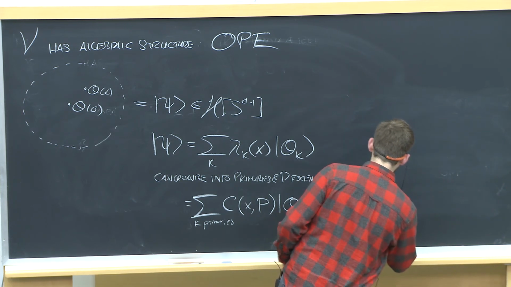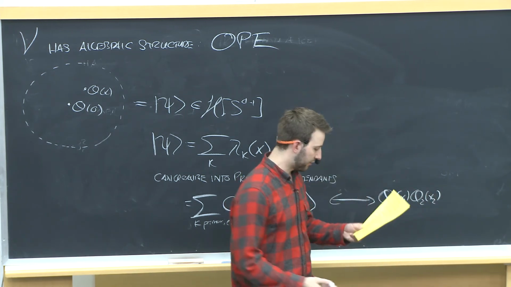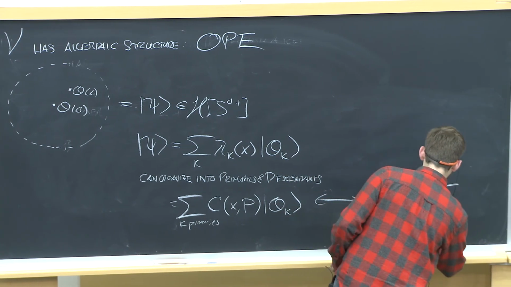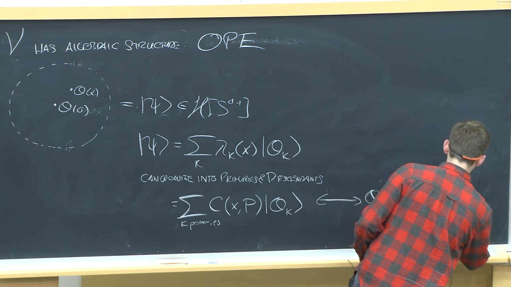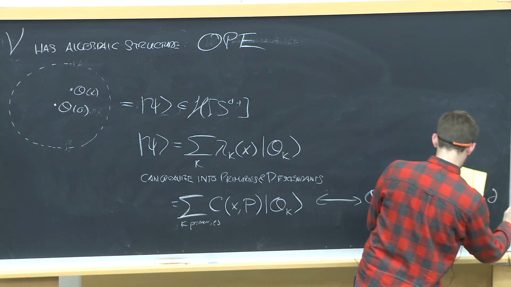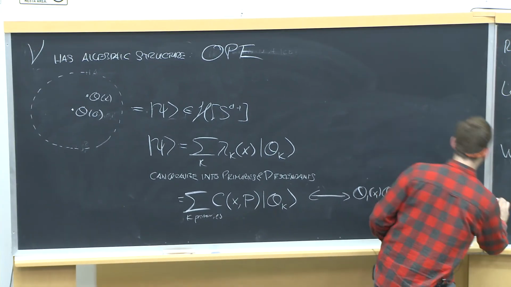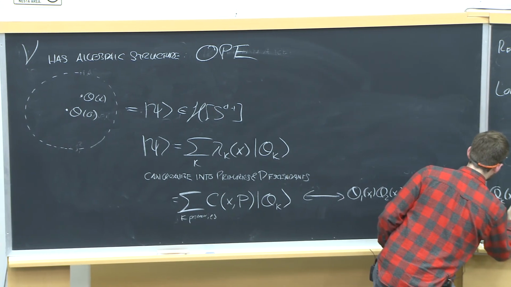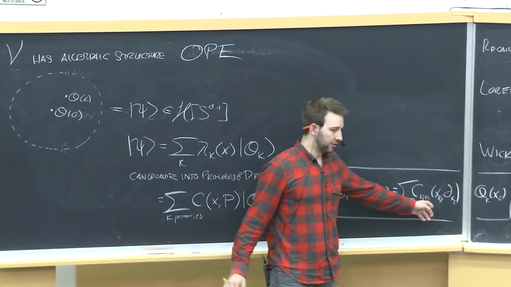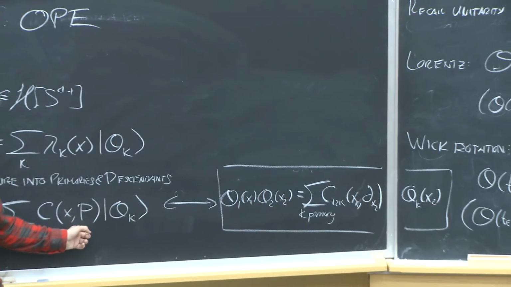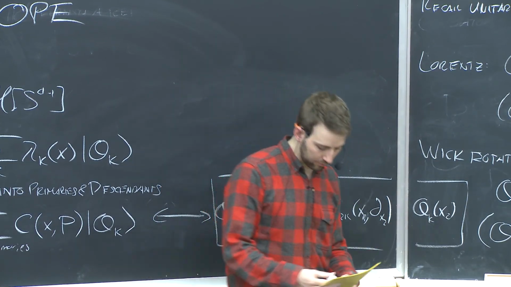This is often written at the operator level as a multiplication of operators, which is just the same thing, where now these are the same polynomials in x's and p's, but the p's are acting on the operator instead of the corresponding state, so I can write them as just derivatives with respect to the insertion point.